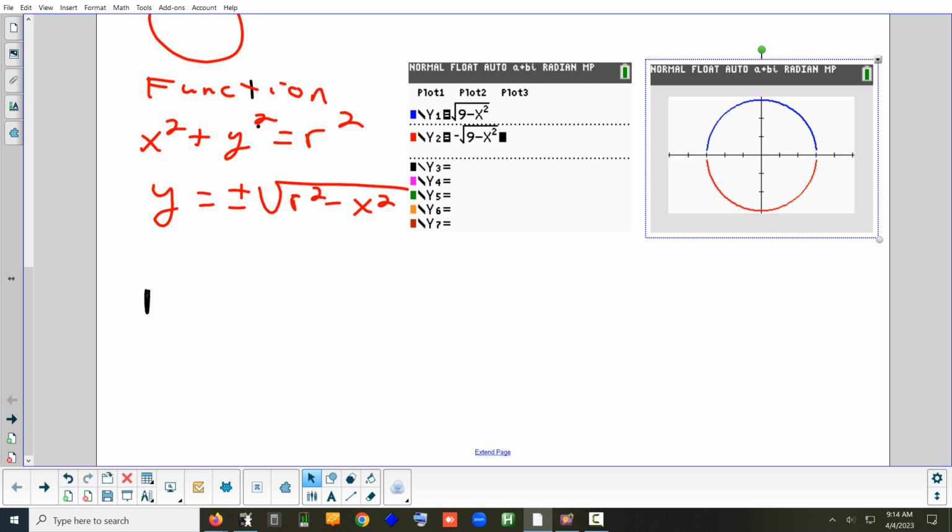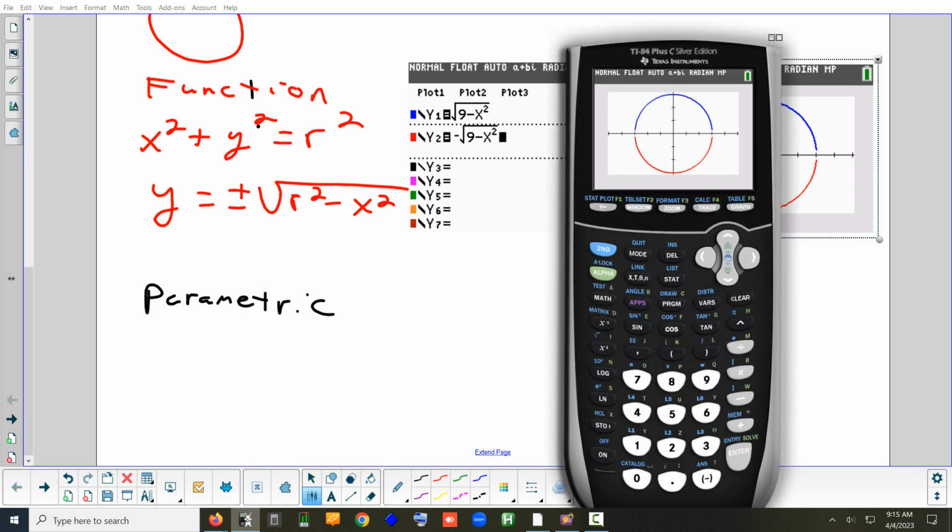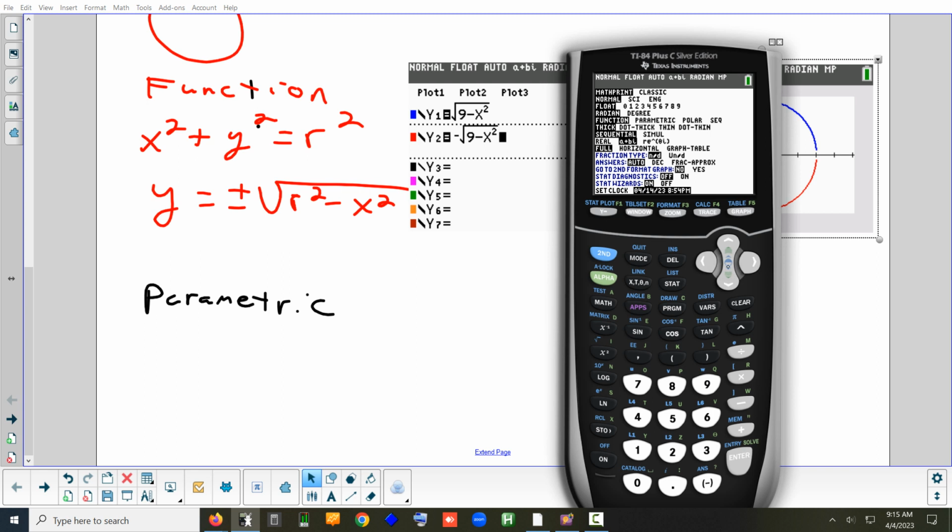So the way we learned yesterday, that was parametric. In parametric, we can draw a circle using the 2 formulas, r cosine theta and r sine theta. So I'm going to draw a circle with the same radius again. I'm going to use a 3. Not theta, t. We're going to talk about theta today.